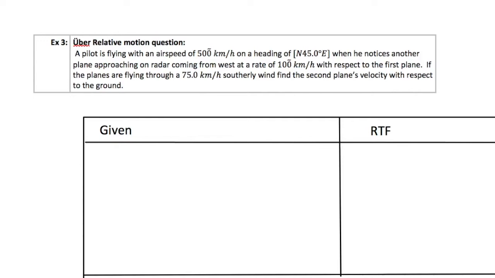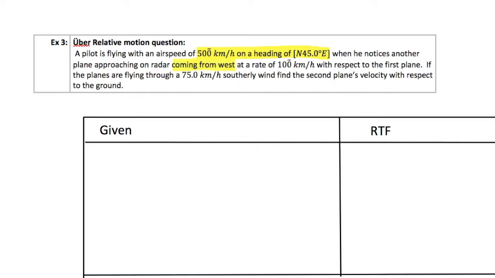So we know we have a pilot flying with an airspeed of 500 kilometers per hour on a heading of north 45 degrees east. So one plane is flying this way, our initial plane. Our pilot then notices a second plane approaching on radar coming from the west.